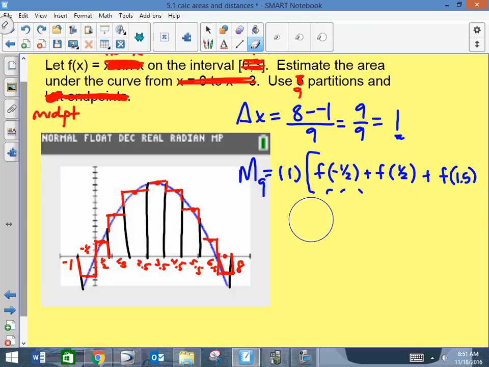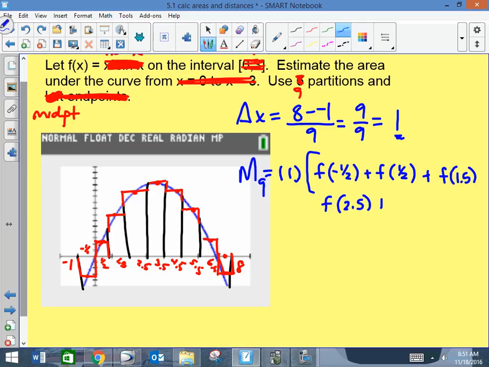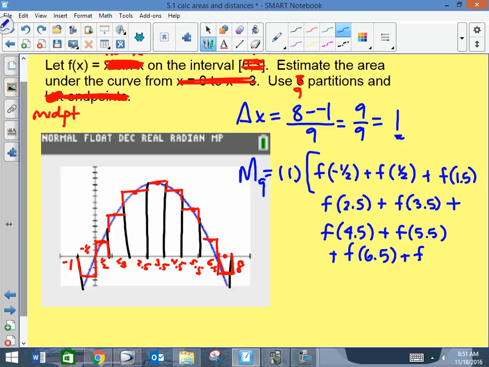Silly me. Two and a half. 5.5. We got to go to 7.5. That's the last one, right? I should have 9: 1, 2, 3, 4, 5, 6, 7, 8, 9.